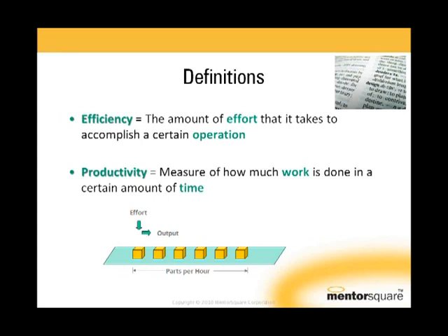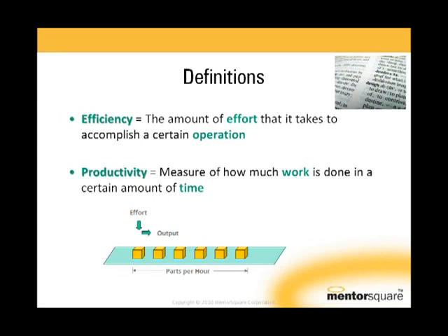Productivity is a measure of how much work is done in a certain amount of time. So you need to differentiate between these two things. Productivity is always measured with respect to time. In the case of a manufacturing company, let's say, it's the amount of output or parts per hour, which is measured in terms of the effort that goes into making it. So we need to identify these two differences between efficiency and productivity.